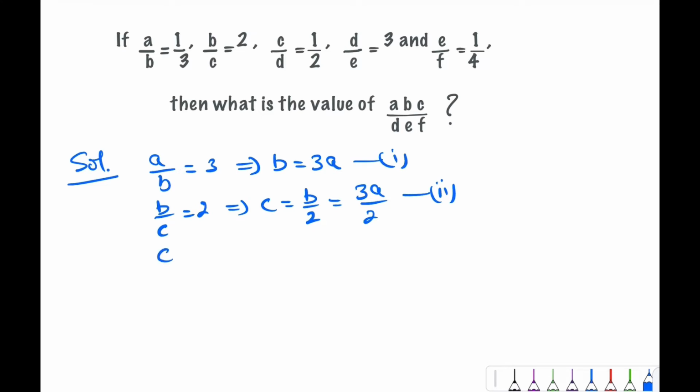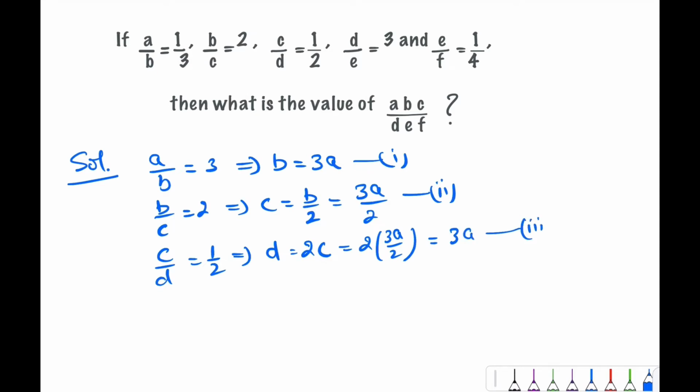Now next C by D equal to 1 by 2. This is given. This implies D equal to 2C. Now substitute the value of C from equation number 2. So we have 2 into 3A by 2. So this is equal to 3A and this is equation number 3.